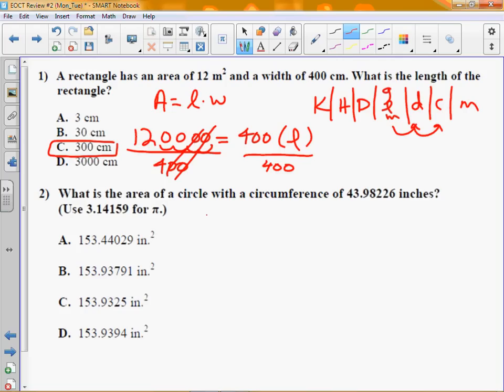So the formula for circumference is pi times the diameter. The formula for area of a circle, as you might need to address on that page of formulas, is area equals pi r squared.